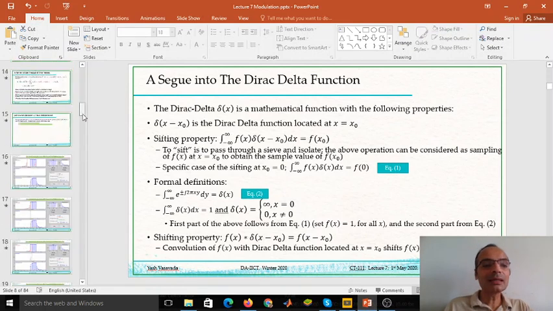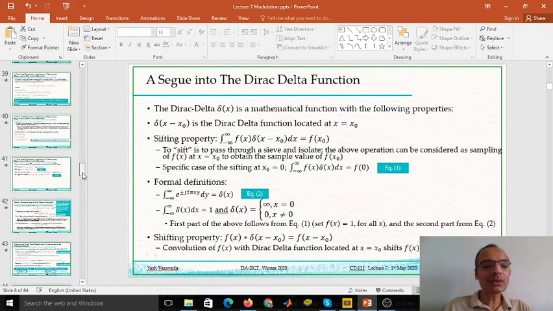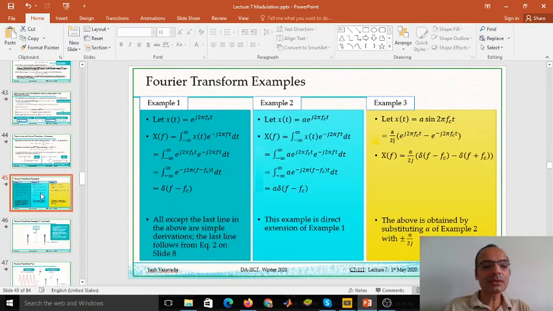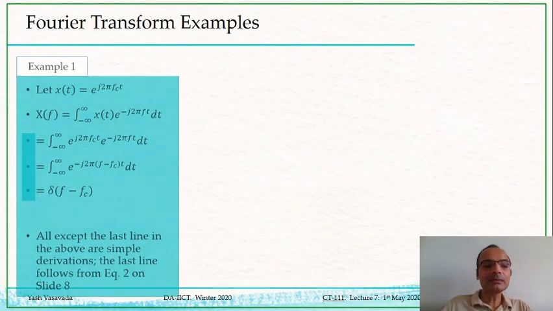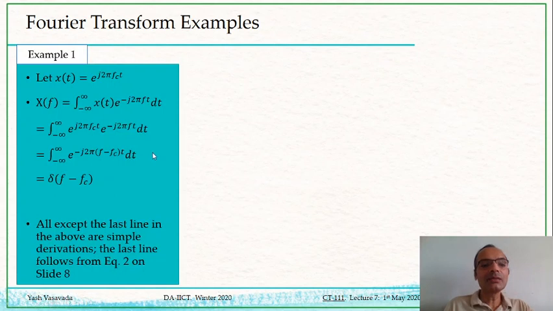And so that equation 2 is what we have used in this particular example. Variable y of that equation is now variable t, and x is f minus fc. And so this is the same as equation 2, and therefore this becomes delta of f minus fc.